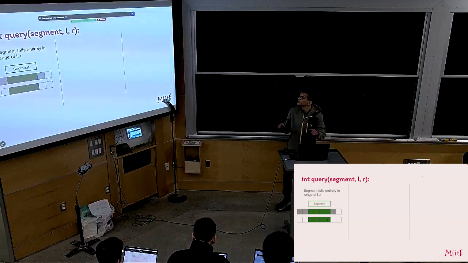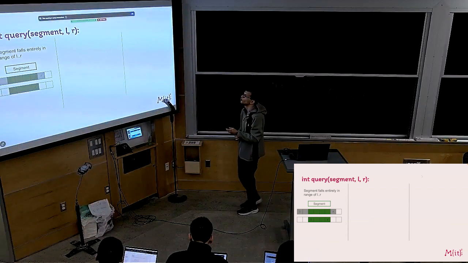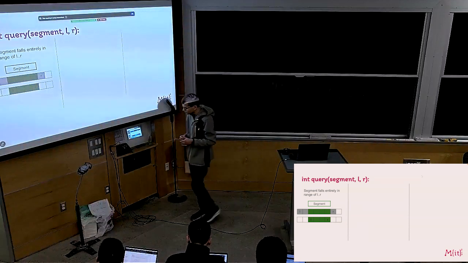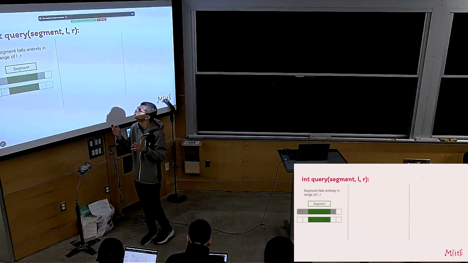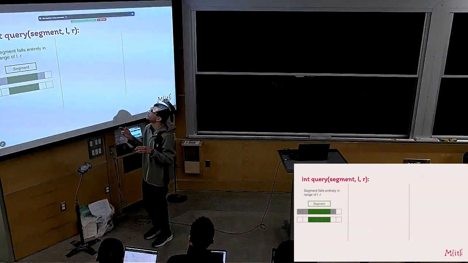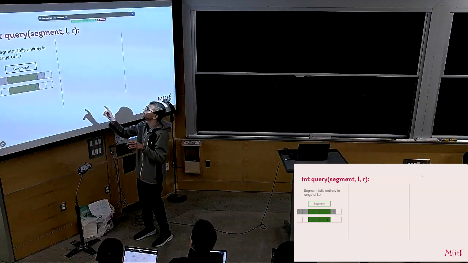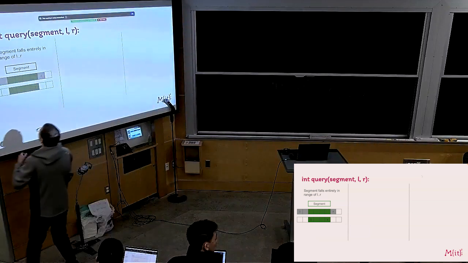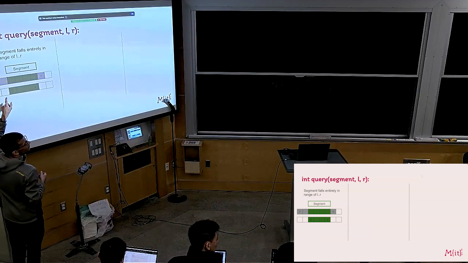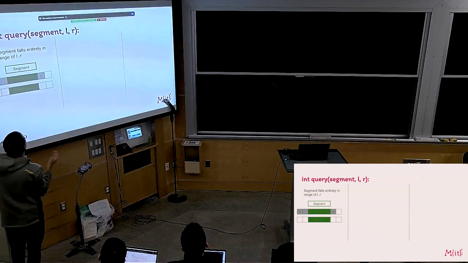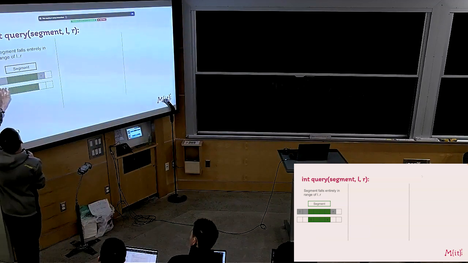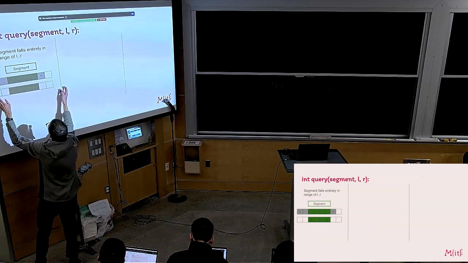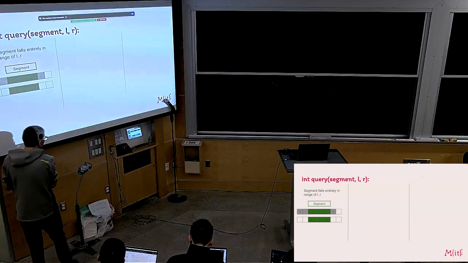So there are three different cases for what you might have to do in the query function. The first is that the segment is completely contained in the range L to R. Here I have two different examples of how this might look. Maybe L is very far to the left of the segment and R is very far to the right, or maybe they're exactly on the segment, it doesn't really matter.